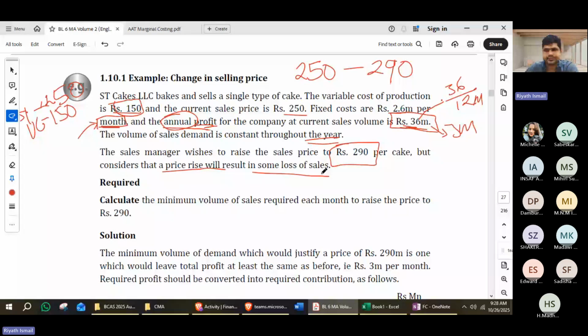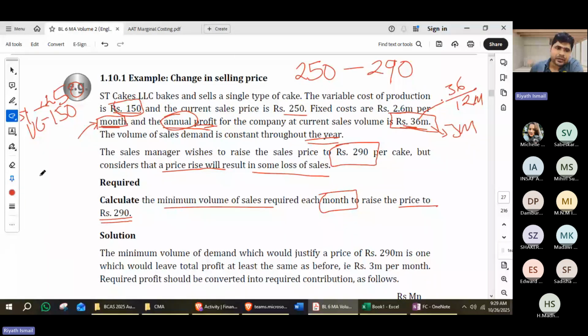The question is, calculate the minimum volume of sales required each month to raise the price to 290.